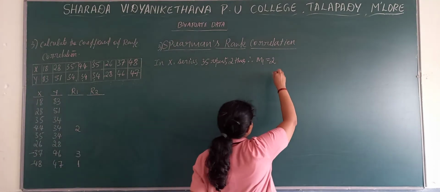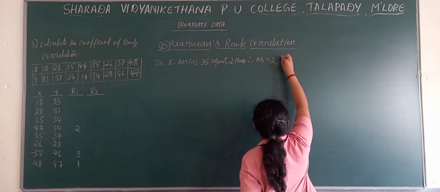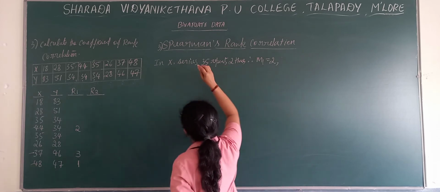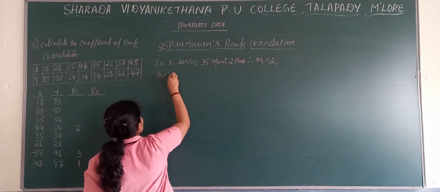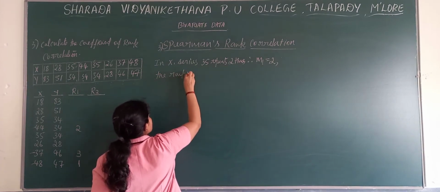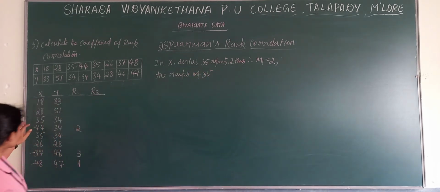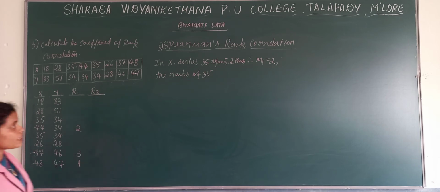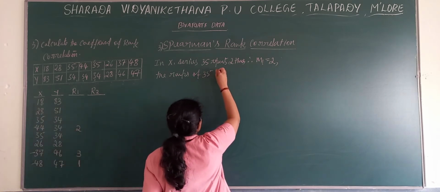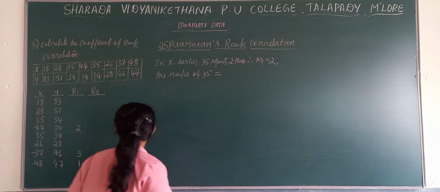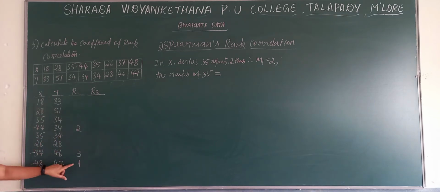Then comma, the ranks of 35 is equal to, what is the position which it shares? First, second, third rank over. If we need to assign, it takes the place of fourth and fifth.